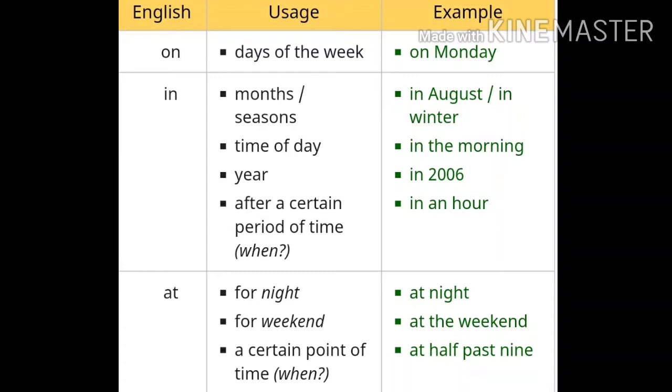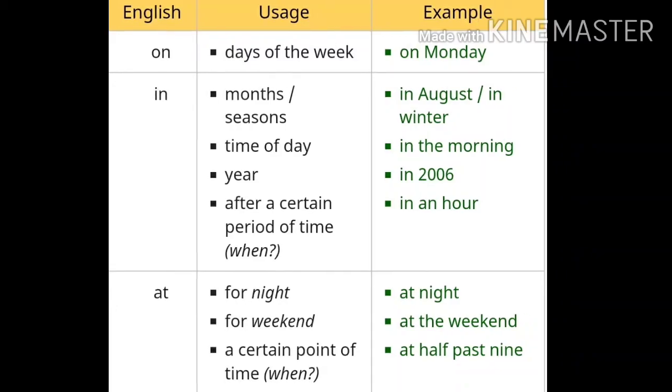And for at, we use for night, for weekend, and a certain point of time, dan pada beberapa poin waktu tertentu. At night, ya, jadi kita tidak menggunakan in night, but at night, and at the weekend, at 9:30, 10:30.